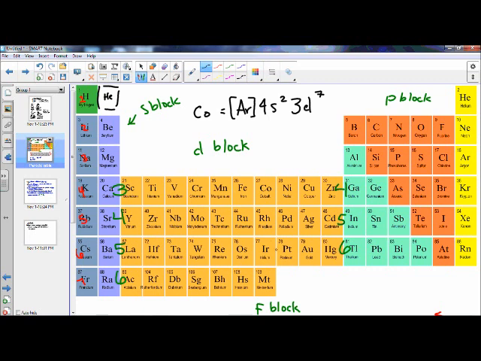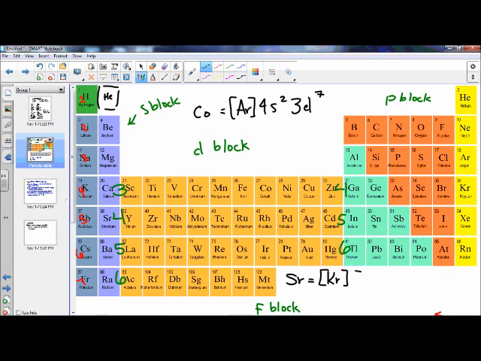Let's do the element strontium, Sr. If I want to do shorthand, I go up one row, go to the end, krypton. I'll put Kr in square brackets, and then that's what comes after Kr to get to strontium.